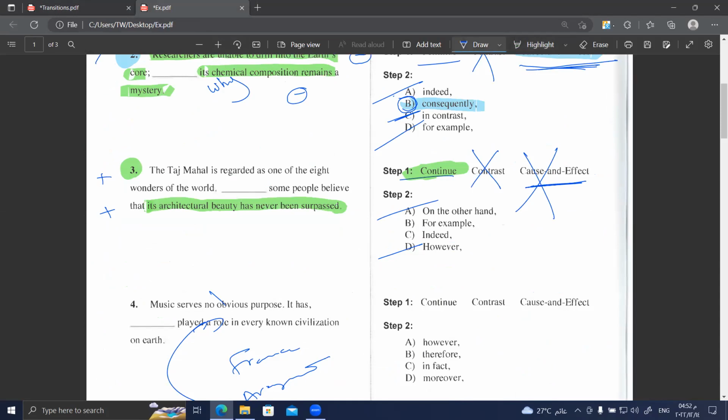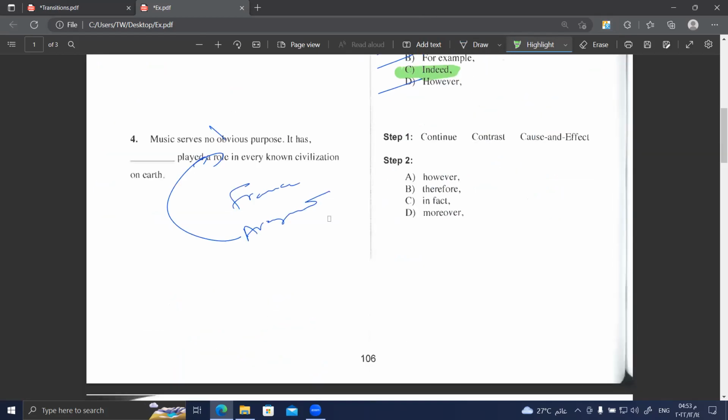Some people believe that its architectural beauty has never been surpassed. So it is not an example. I choose indeed because I emphasize the same idea, and what comes before, the Taj Mahal is regarded as one of the 8 wonders of the world. So that says the same thing about the beauty of the building. Number 4.